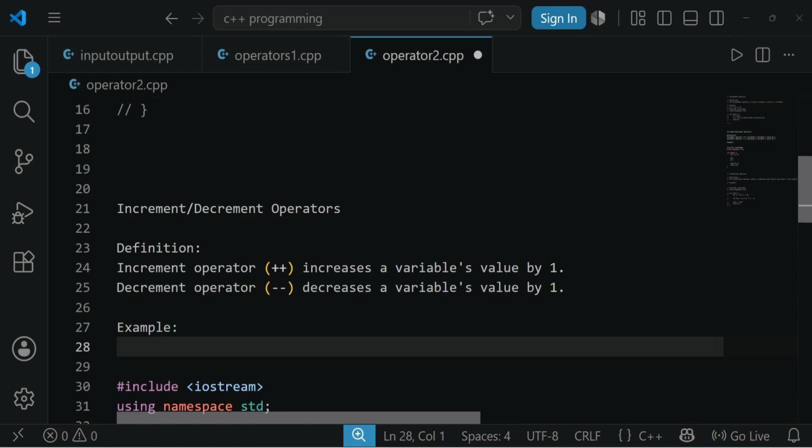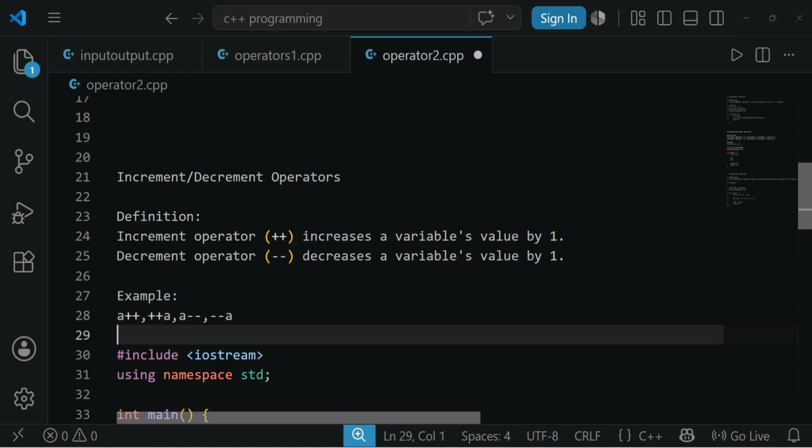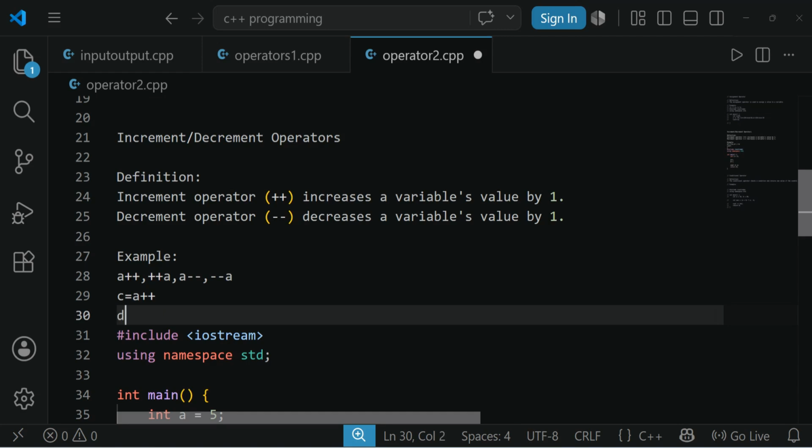We will find 4 types of things over here: A plus plus, plus plus A, A minus minus, and minus minus A. What is the difference between A plus plus and plus plus A? For suppose, think something like C is equals to A plus plus you have written, and in the other condition D is equals to plus plus A you have written.